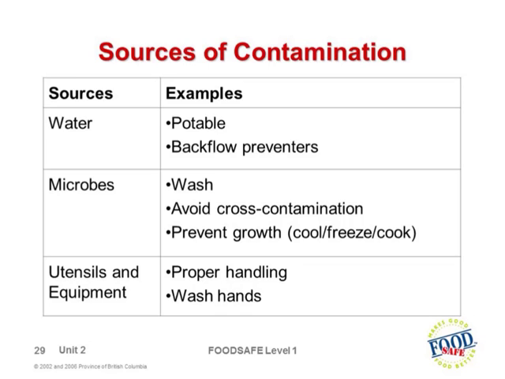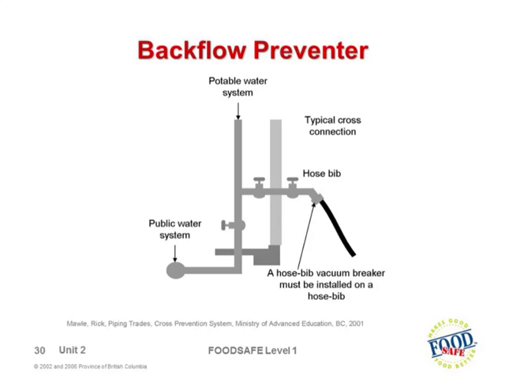We need to make sure that we keep things washed, we avoid cross-contamination, and we can prevent growth from cooling, freezing, and cooking. And then other sources of contamination include utensils and equipment. We need to make sure that we're handling those properly and washing our hands, making sure everything is clean and all of these sources are kept to a minimum.